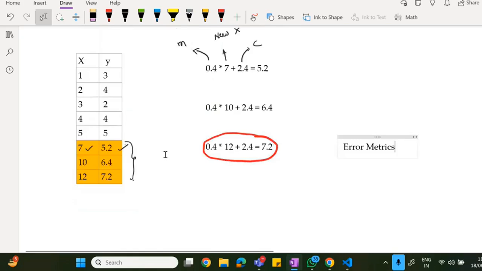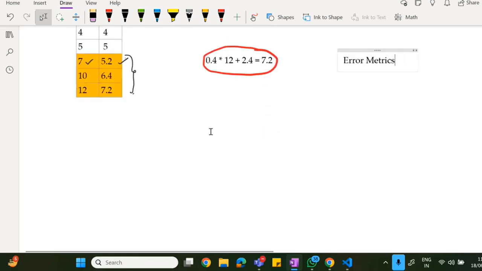Now the question is, this is the data given. How do we find out whether there is an error or not, whether this equation is correct or not?